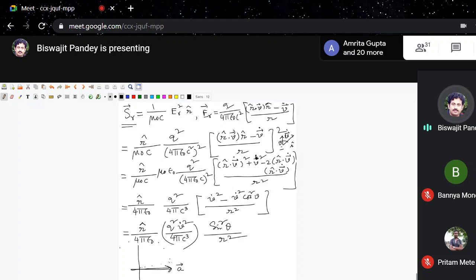For a non-relativistic arbitrarily moving, accelerated point charge, see, this is the pattern which you should get from this. So there will be two lobes in the orthogonal direction, sine square theta. Why this kind of lobe, that you can understand. See, the length of this is representing the amplitude.